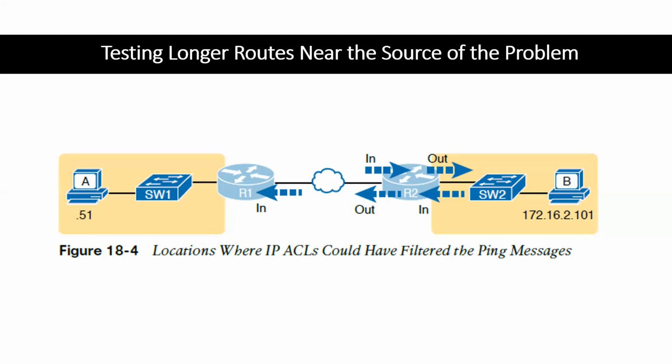So Antoine is going to say, okay, I did the process of elimination. Check layer 1, layer 2 on the switch. Now I'm going to go ahead and go to the layer 3 boundary, which is R2, and check layer 1 and layer 2, but then go to layer 3 and check if there are ACLs configured, if anything inbound and outbound is set or blocking my access to this subnet.